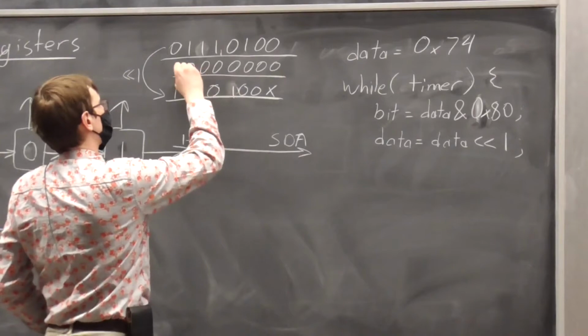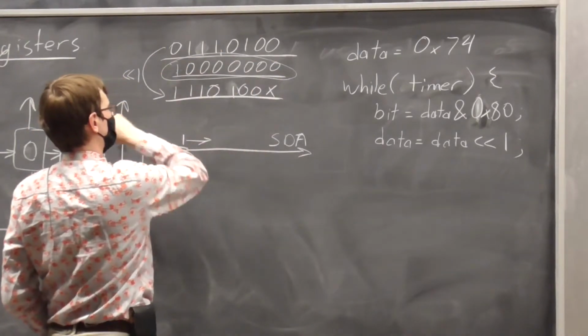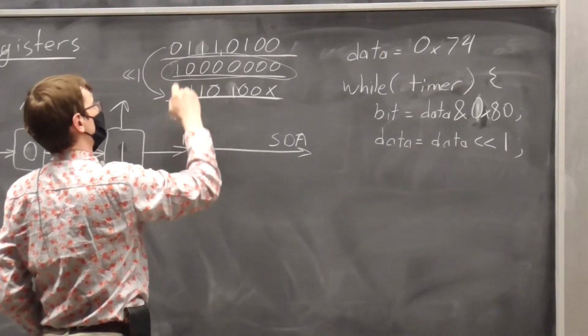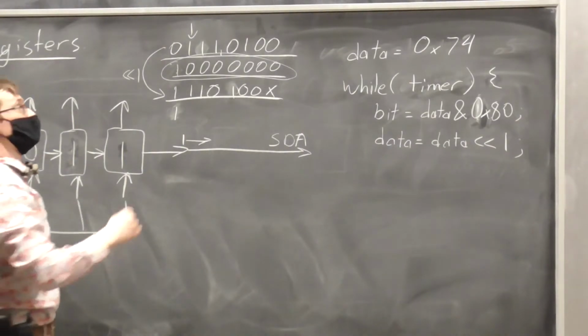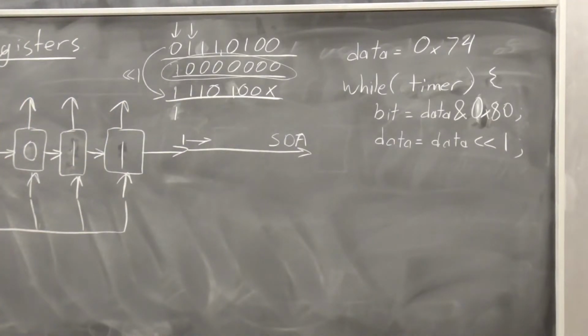So if you then perform bitwise AND with this same number, you'll get 1, which is this bit. So that's how it works. Make sense?